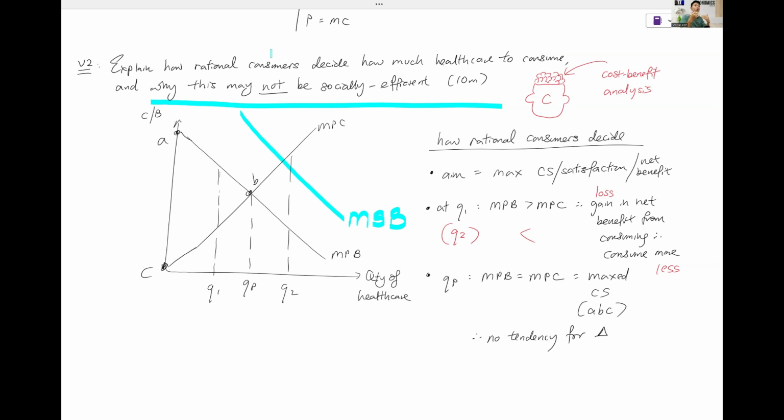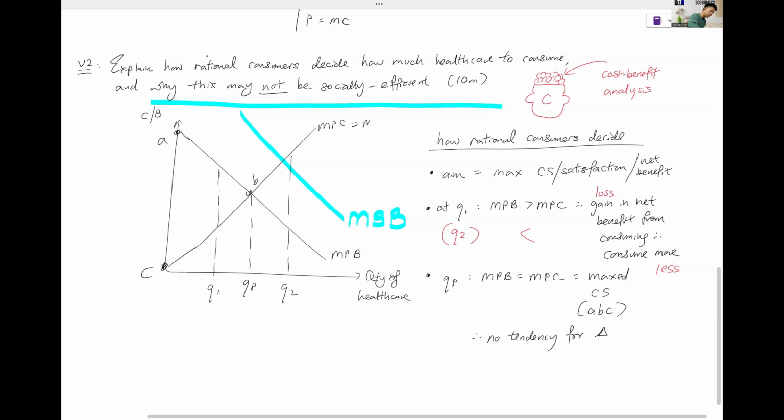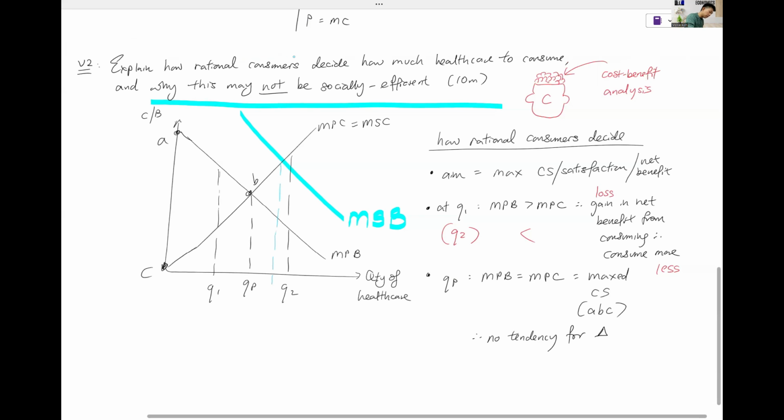And you move on to explaining your externalities, right? So this is your MSB. Okay? So after that, you will explain your externality problem. Yeah. This is socially efficient. And then this is your deadweight loss.